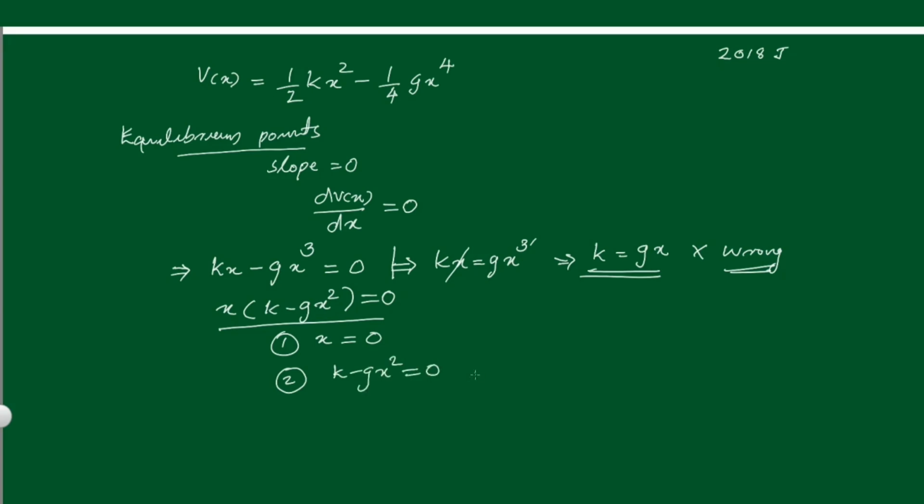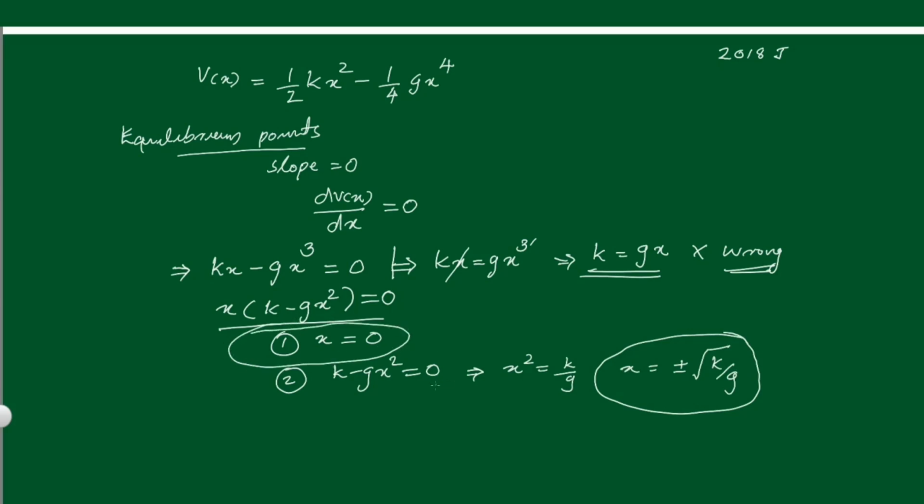That is x square equal to k by g and x equal to plus or minus root k by g. So these are the equilibrium points. x equal to 0 is one equilibrium point and x equal to plus or minus root k by g is the other equilibrium point. So we got the equilibrium points.